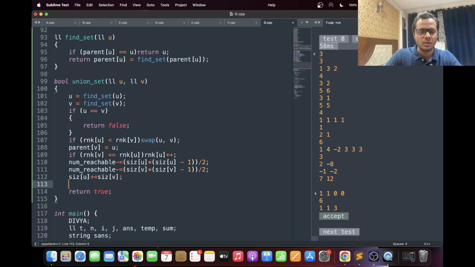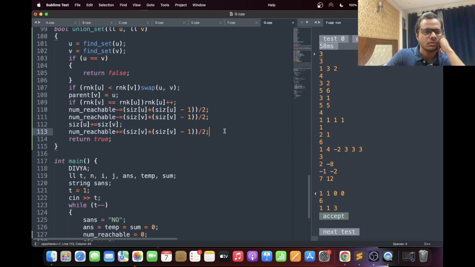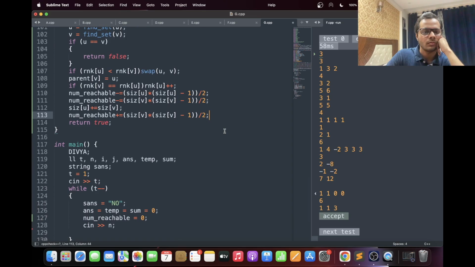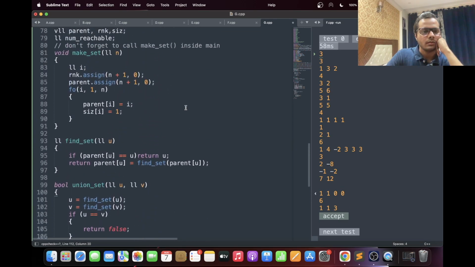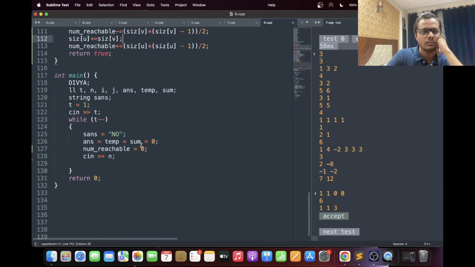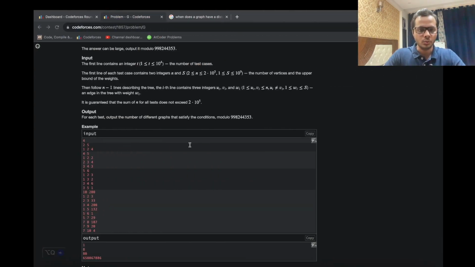But now all the nodes in this component are reachable from each other, so we'll say num reachable plus equal to sz of u into sz of u minus 1 upon 2. Sorry, this should be u. Right, I think that's it. So we're done with the DSU.